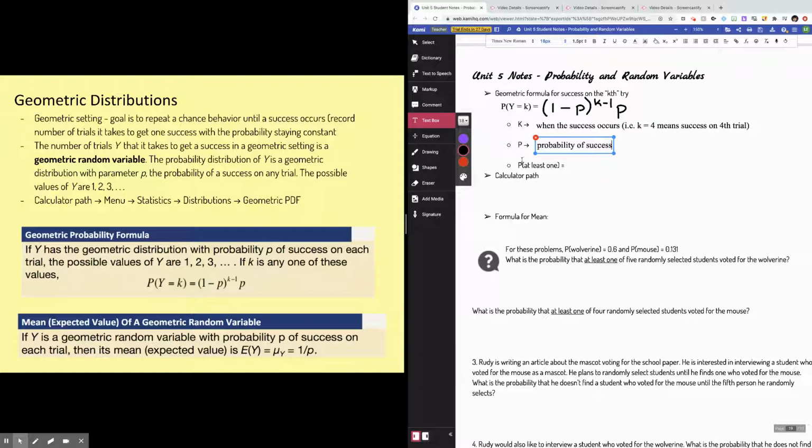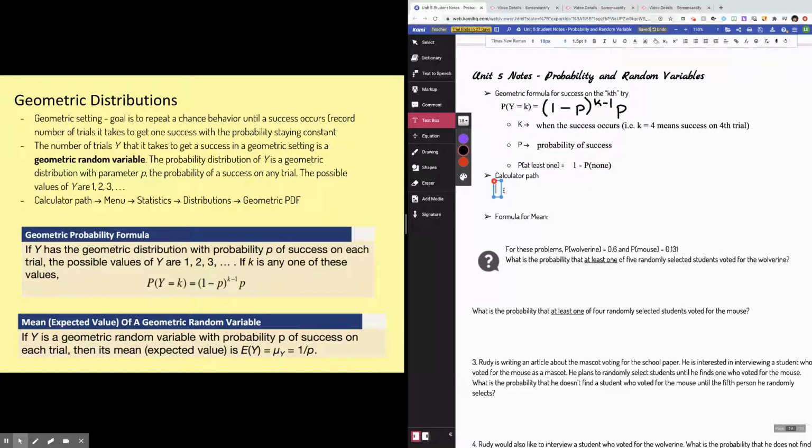So rather than calculating that the long way, the way that we find the probability of at least one is 1 minus the probability of none, or the probability that y equals 0, or in a binomial distribution that x equals 0. That formula works in basically any probability distribution, but it comes up the most often in geometric distributions, okay?